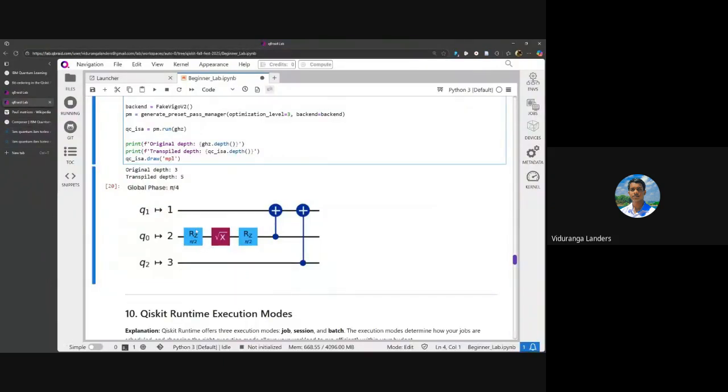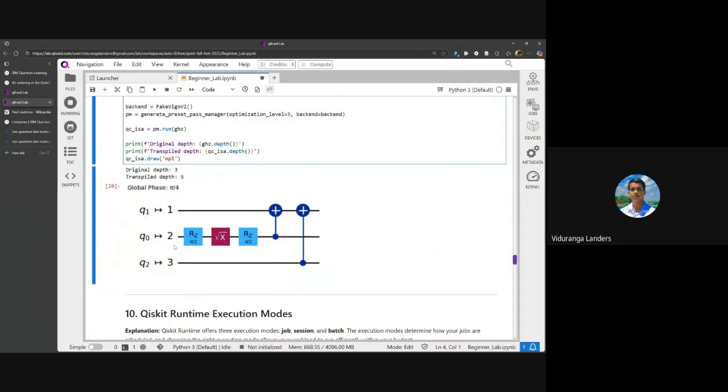So it decomposed the H gate into three RZ rotations and X rotation gates, and it also had the same CNOT gates, but it's different from what we did, right? So as you can see, the 0, 1, and 2 has been changed to 1, 2, 3.